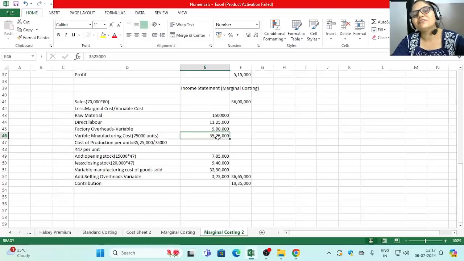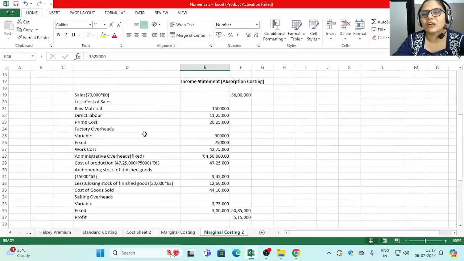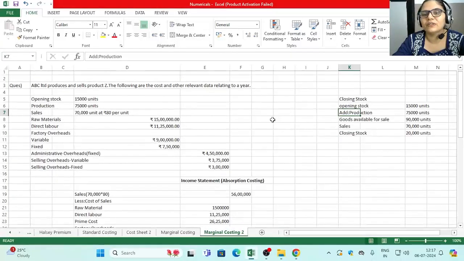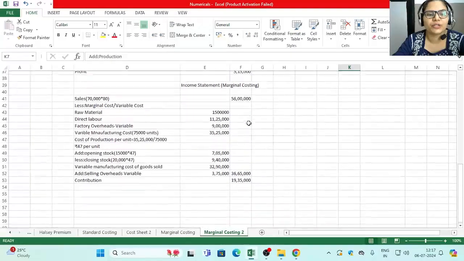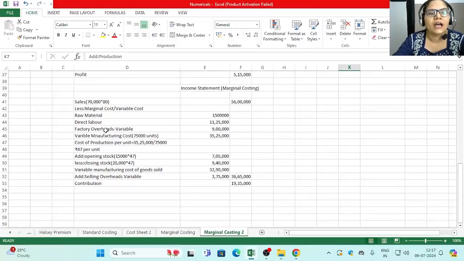This variable manufacturing cost is for 75,000 units, which we have already calculated while calculating the cost of production, sorry, closing stock. And finally, to get the cost per unit, we will divide 35 lakh 25,000 by 75,000, and cost of production per unit is equal to rupees 47 per unit.